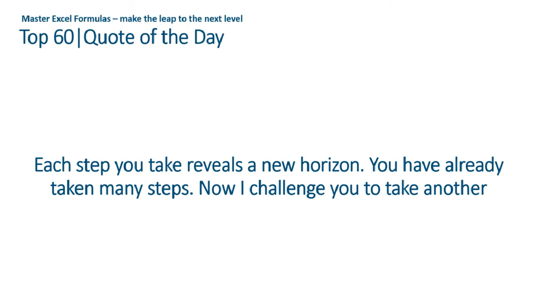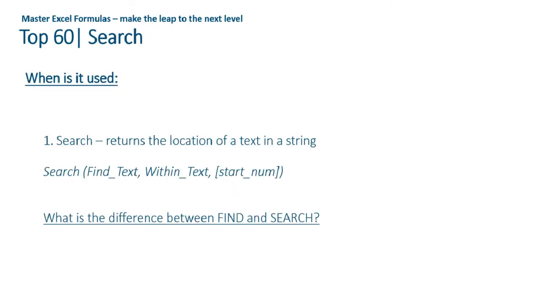Now, starting with the first formula for today, that is the search formula. Search is a function that returns the location of a text in a string. You probably remember that we already discussed a function that is similar to this, the find function. That's why I have written here a question: what is the difference between find and search?